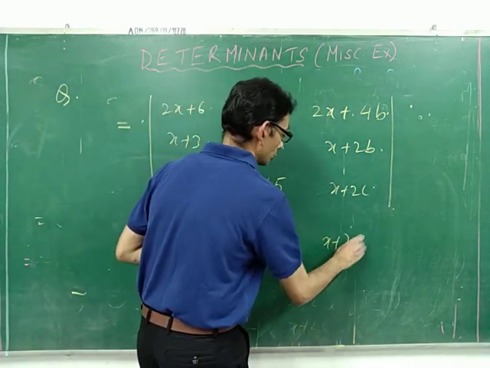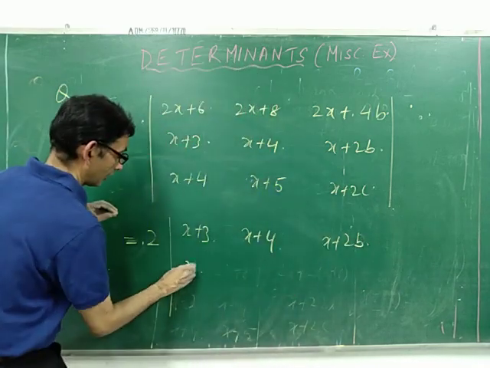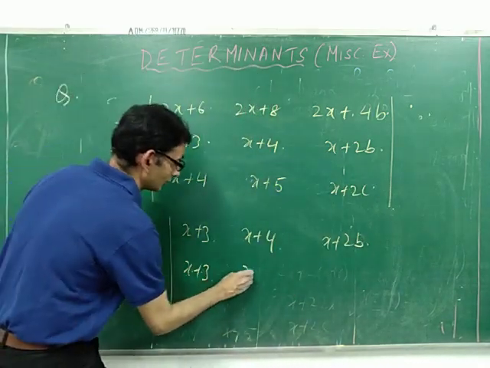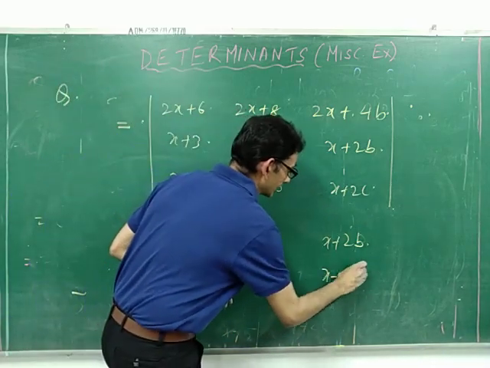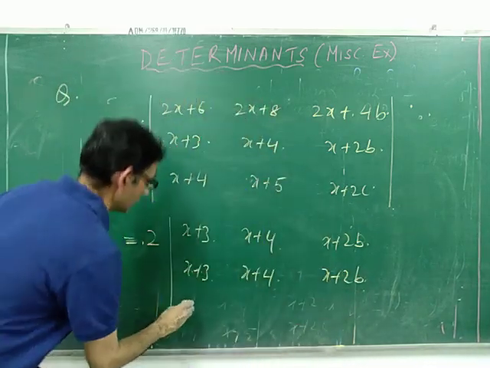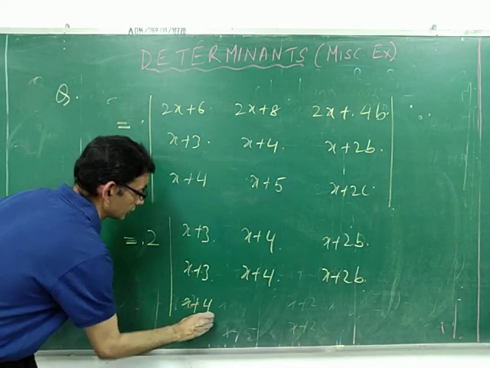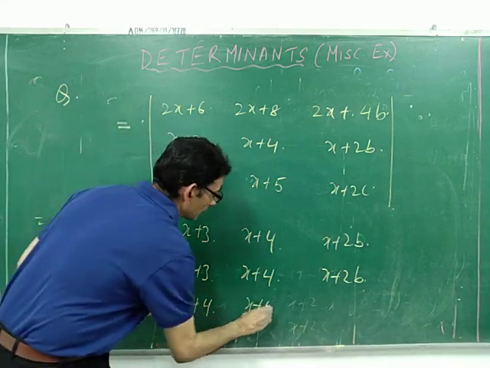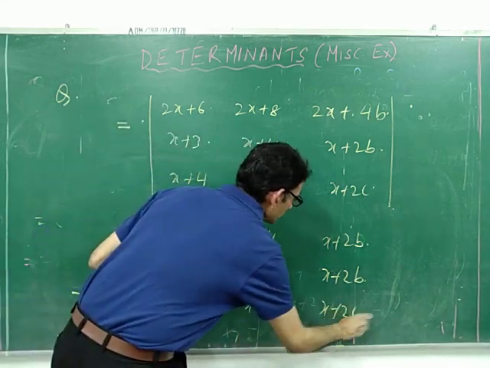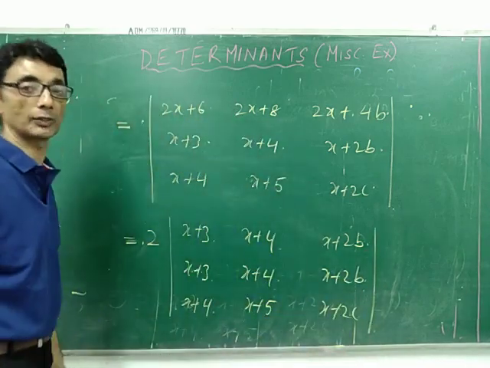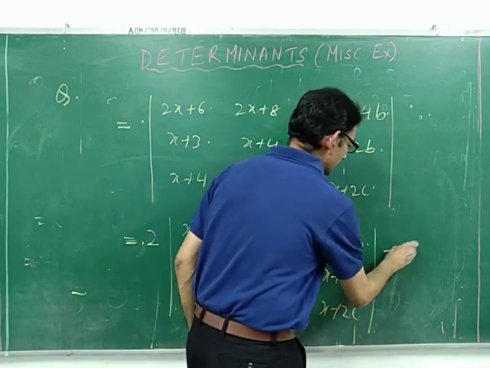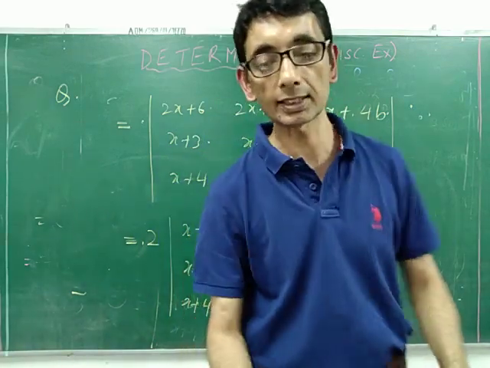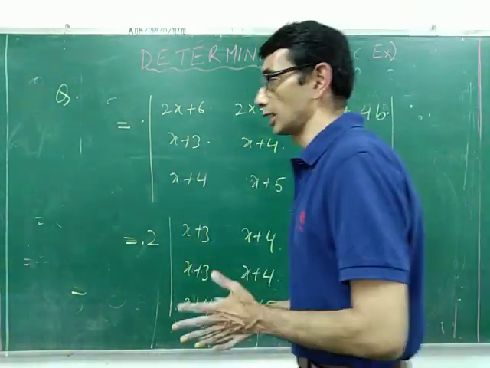I hope you got the answer now. The first row and second row are exactly the same, and we just write the third row, x plus 4, x plus 5, x plus 2c. So what is your obvious answer? Two identical rows, so it is obviously 0. This is the answer of this determinant.